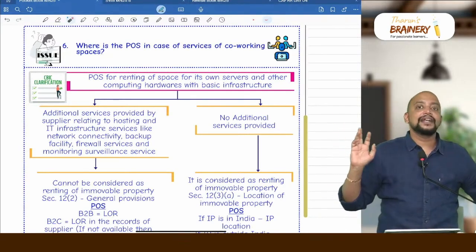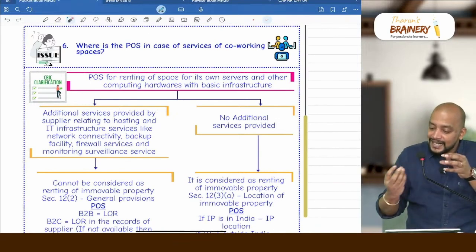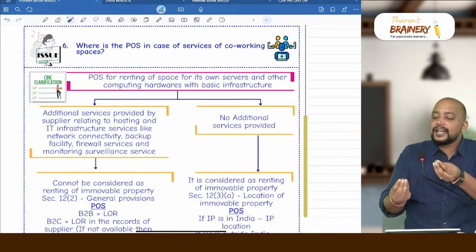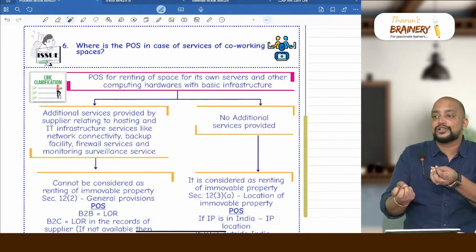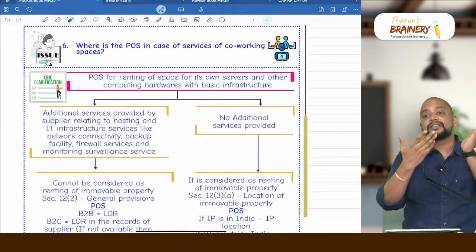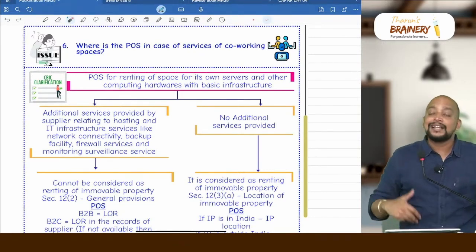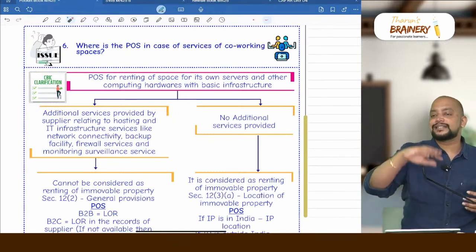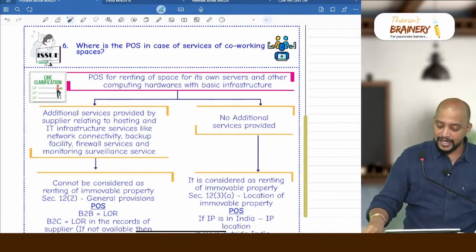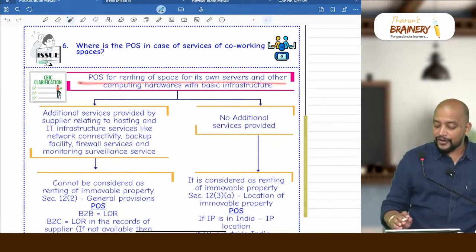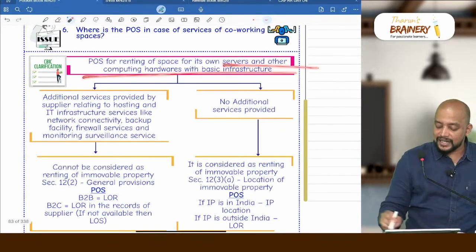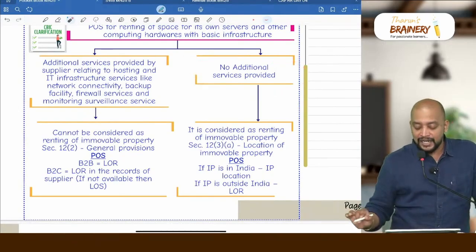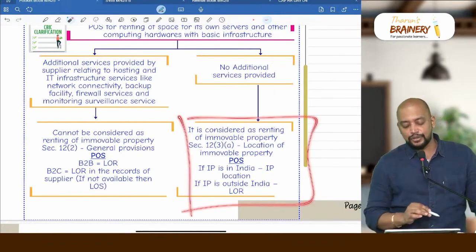In that case the renting is nominal compared to these services, where renting is just 5,000 or 6,000 rupees compared to services which will be 30,000 or 40,000 rupees per month. Then definitely it is not renting, it will come under IT services, which is general provisions. You can see place of supply for renting of space for its own servers and other computing hardware with basic infrastructure, with no additional services provided: then it is service in relation to immovable property.